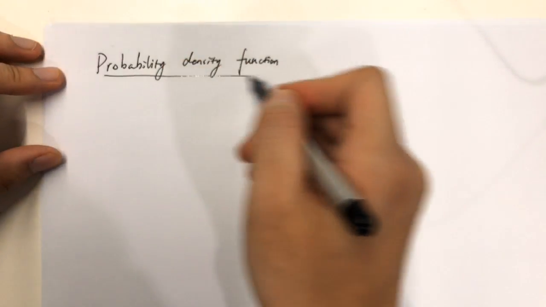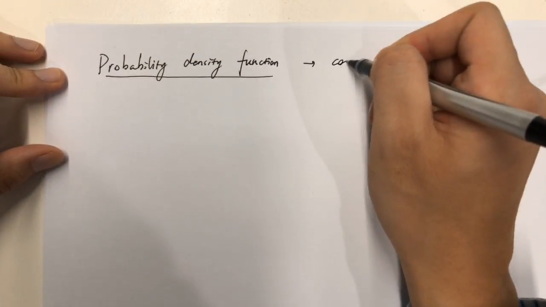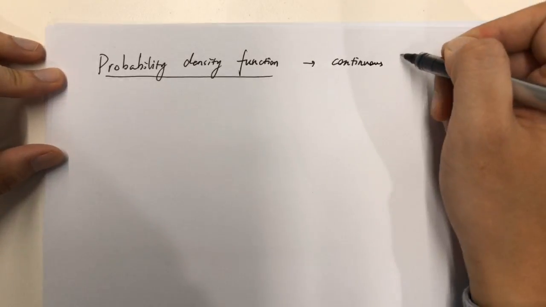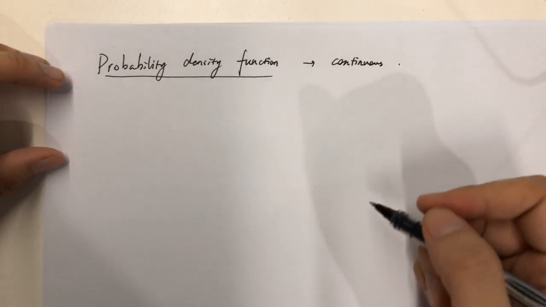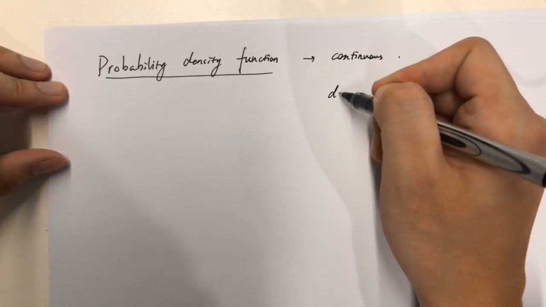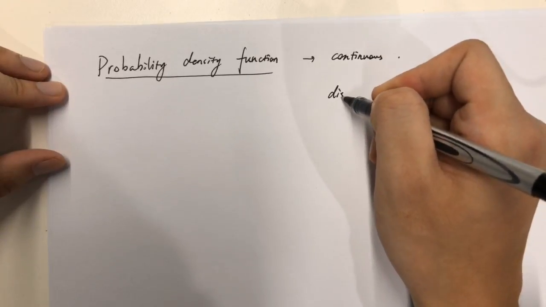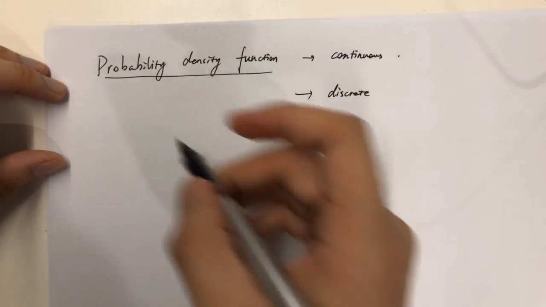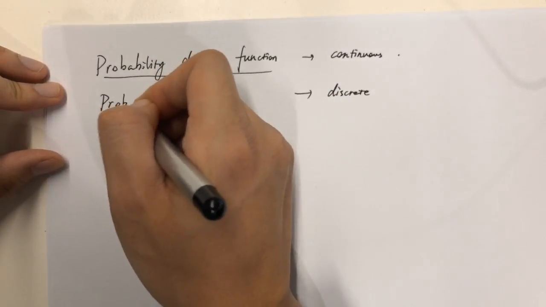And we know the probability density function is for continuous probability distributions. And what is that for discrete? Do you remember? It's called the probability mass function, right?